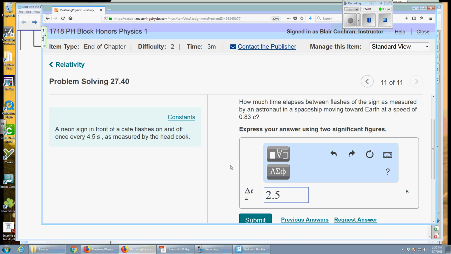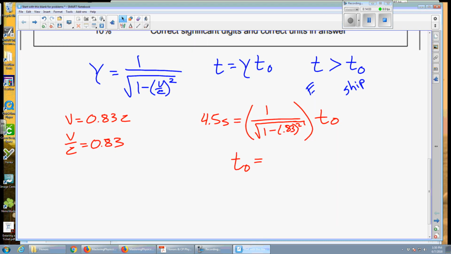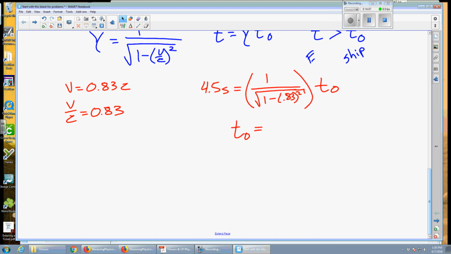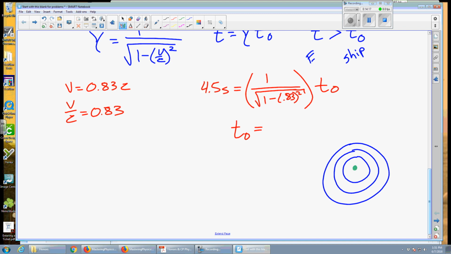Or the writer of it wasn't thinking deep enough. So what I was picturing was, here's your Earth, and these signals are moving out from the Earth, equally spaced, and your little ship comes in and hits them at a greater rate, right?